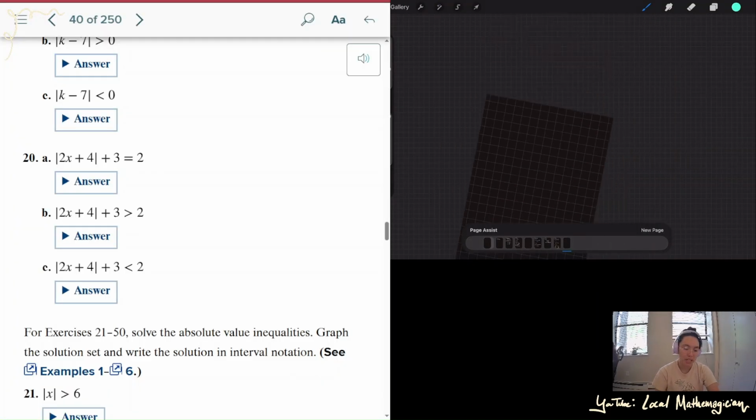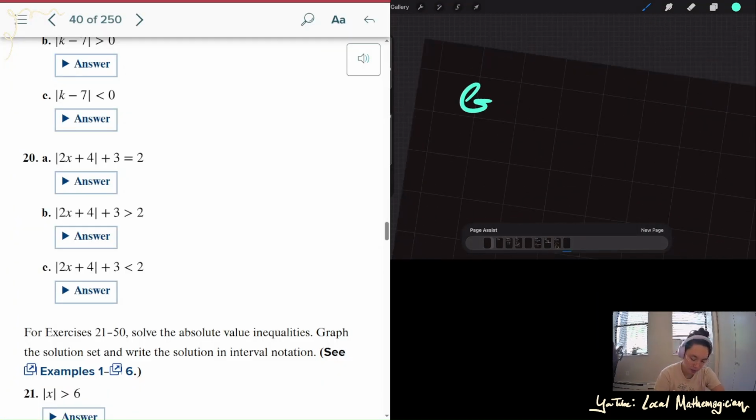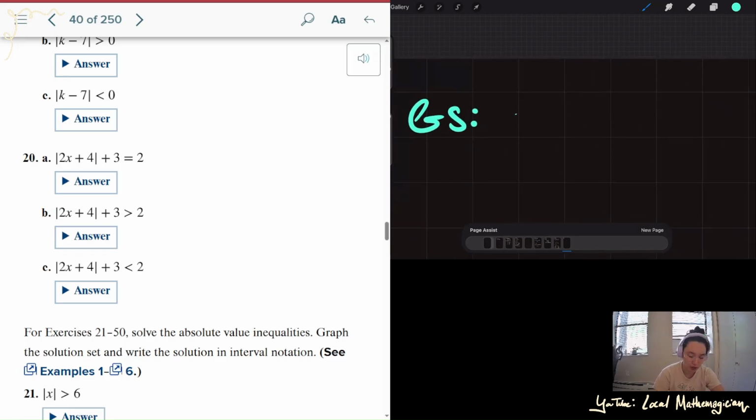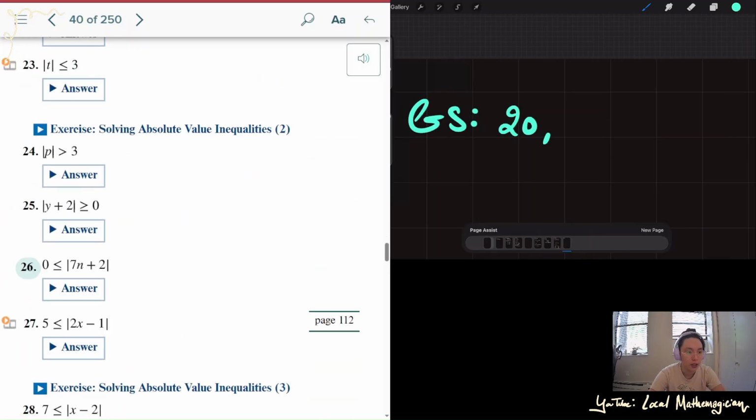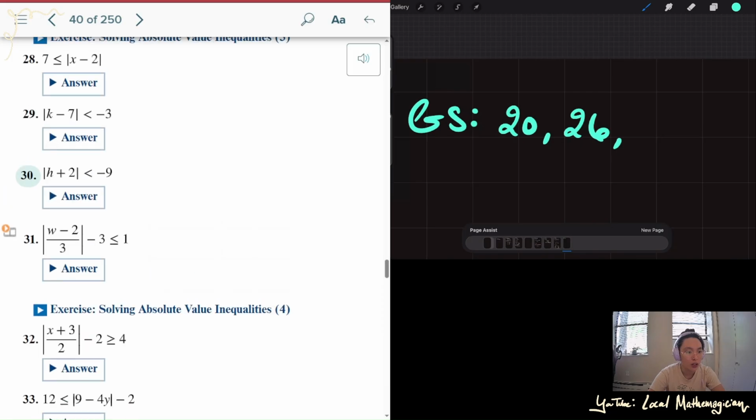Okay. Now for Gradescope purposes, I want you guys to do number 20 on, this is page 40, number 20, A, B, and C. I want you to do number 26, and I want you to do number 31, okay?